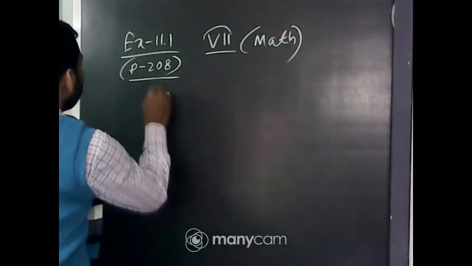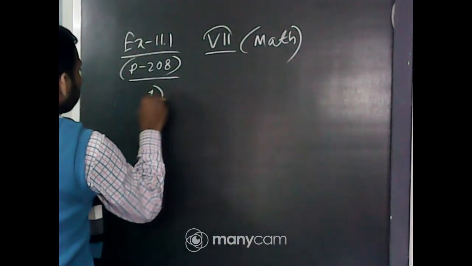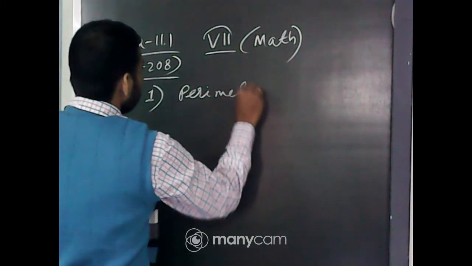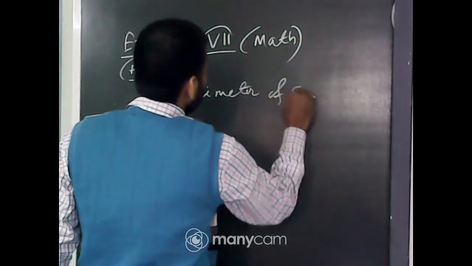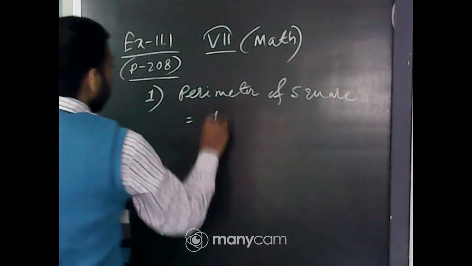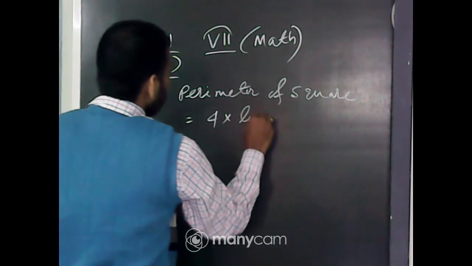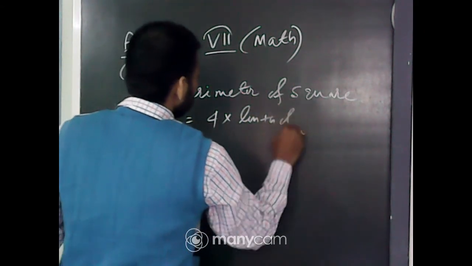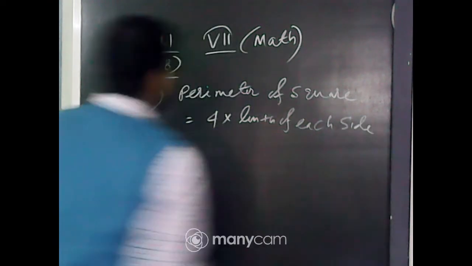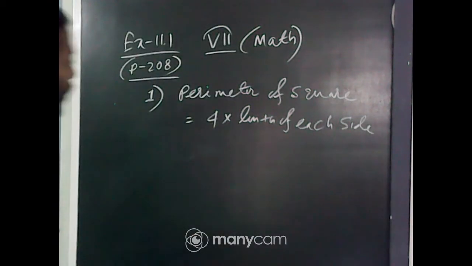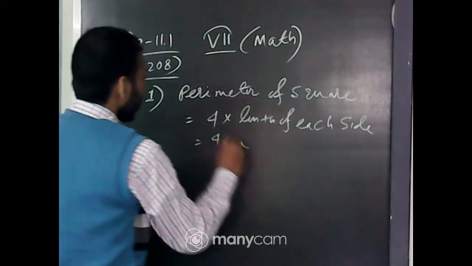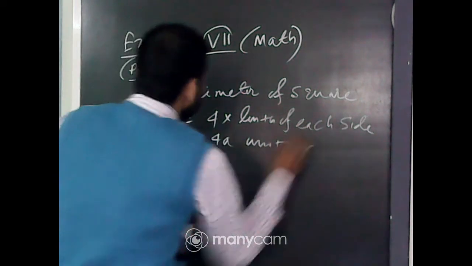So first of all, the square, perimeter of square, that is 4 into length of each side. You may say 4a, okay. If the length of each side is taken as a, so you may write here 4a unit, okay.